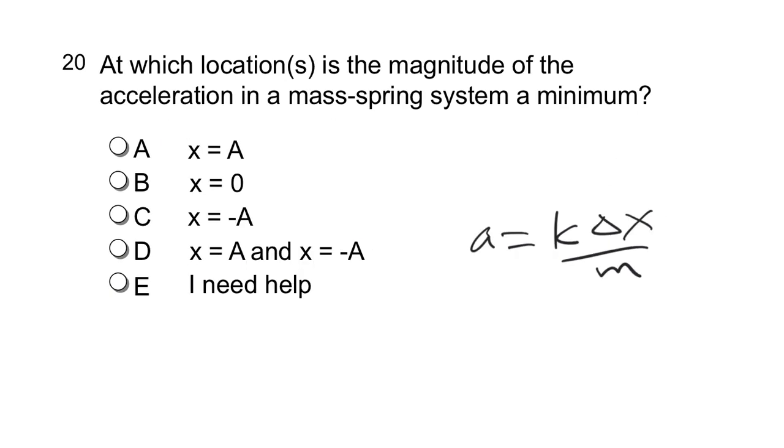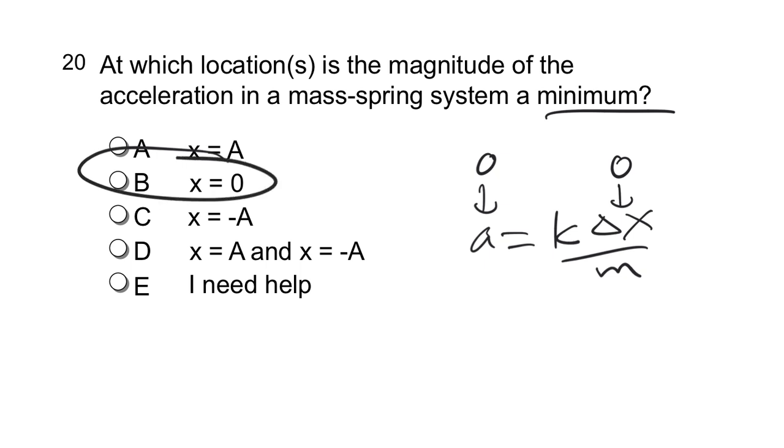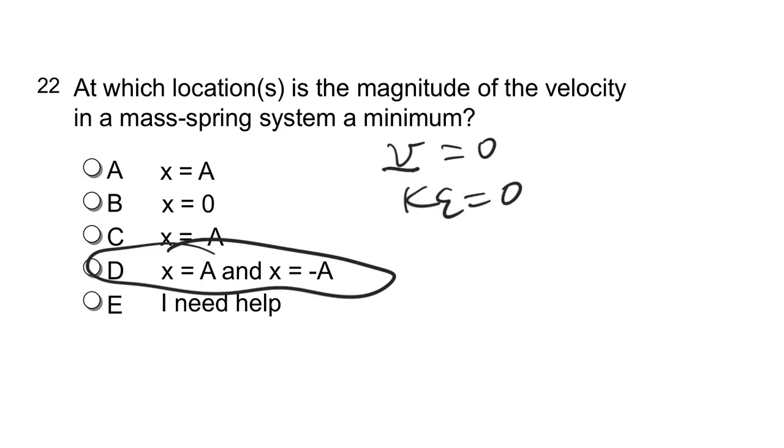Okay, same question, but the minimum. So when this equals 0, a equals 0, delta x equals 0, when you're at the equilibrium position. Okay, we know that the velocity is going to be 0 when the object stops.